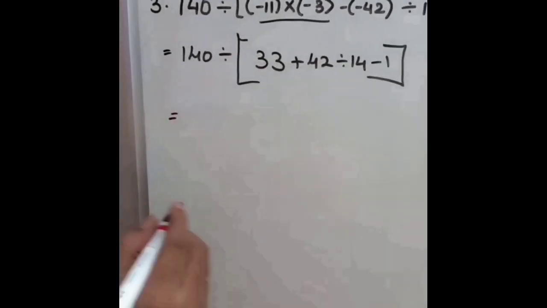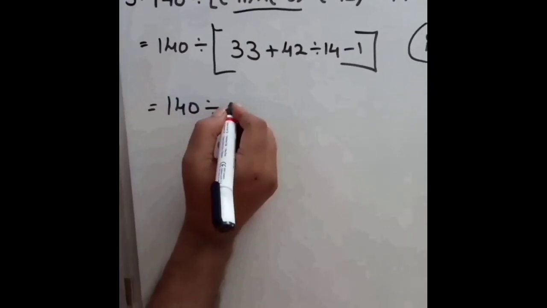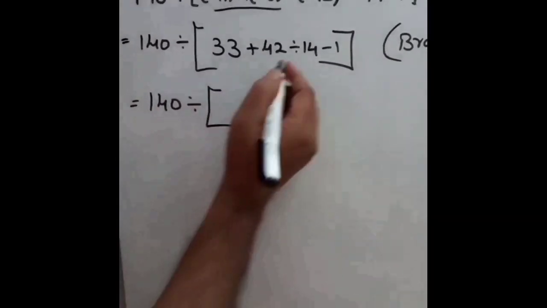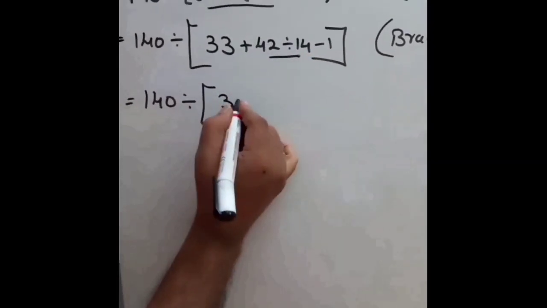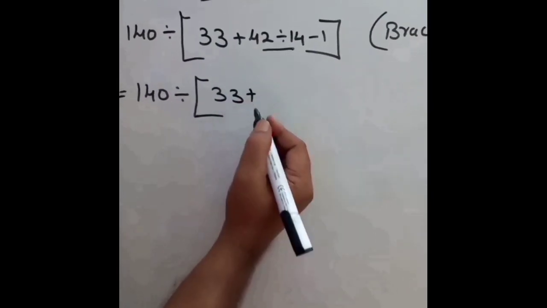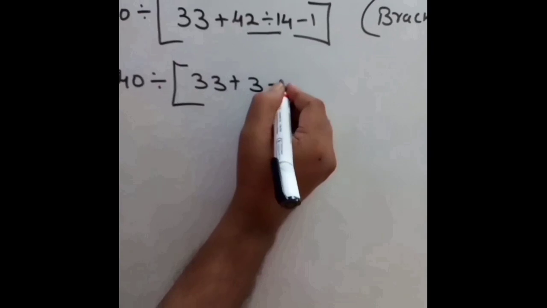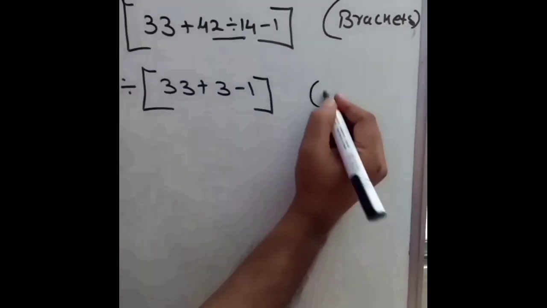Next, we'll solve the bigger bracket, 140 divided by. This part we'll do, the division part. So 33 plus 42 divided by 14, that comes to 3, minus 1. Here we did division.